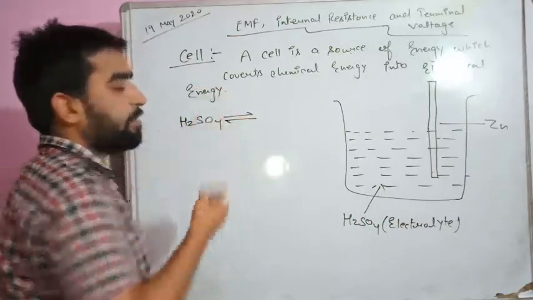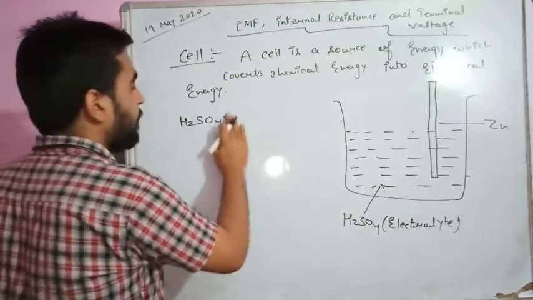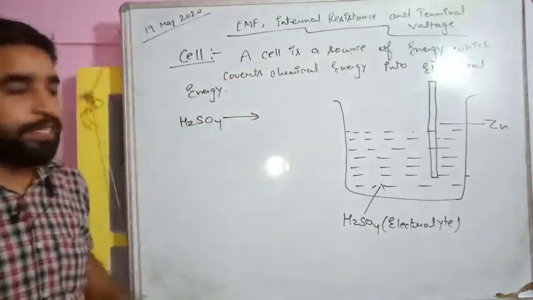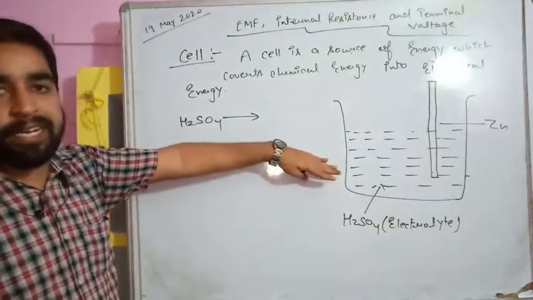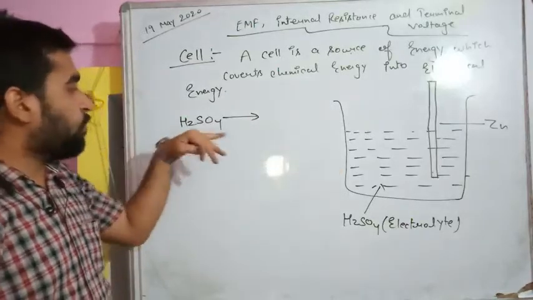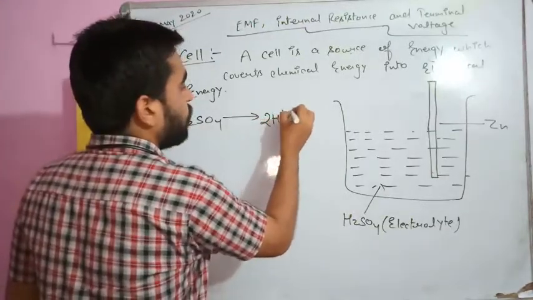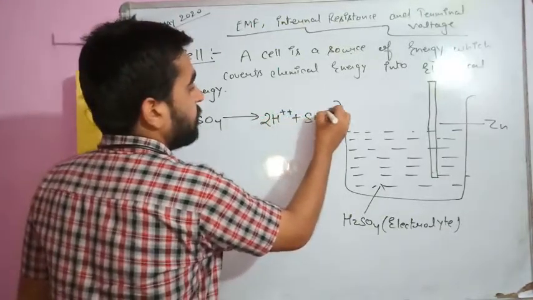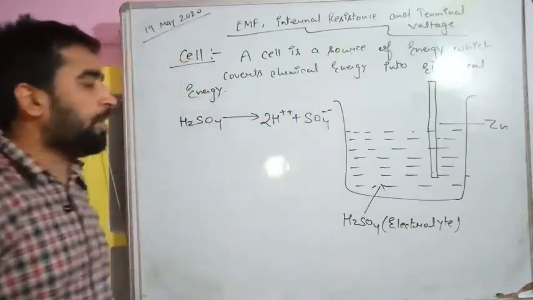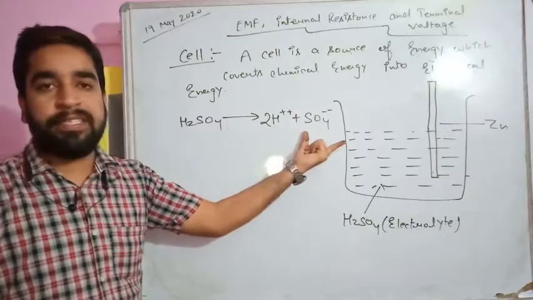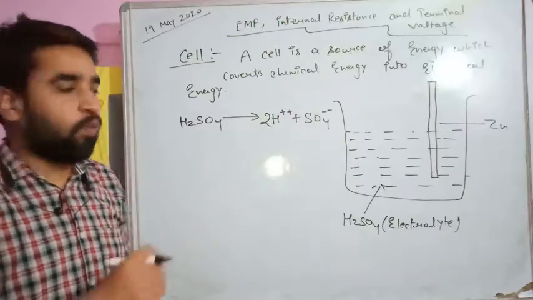Okay, this can be a reversible reaction, or this can be a permanent reaction depending on the nature of the cell. So this is a permanent reaction for all cells. So H2SO4 will be converted into hydrogen ions plus sulfate ions. So this is how it will break down. 2H plus ions plus SO4 minus ions are separated out.